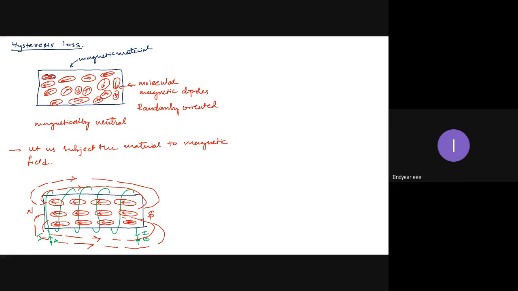As a result of magnetization, all the molecular magnets will orient in one particular direction. Then the magnetic core acquires the property of attraction and direction. Now that core became magnetic. But a magnetic material may be subjected to cycles of magnetization and demagnetization.